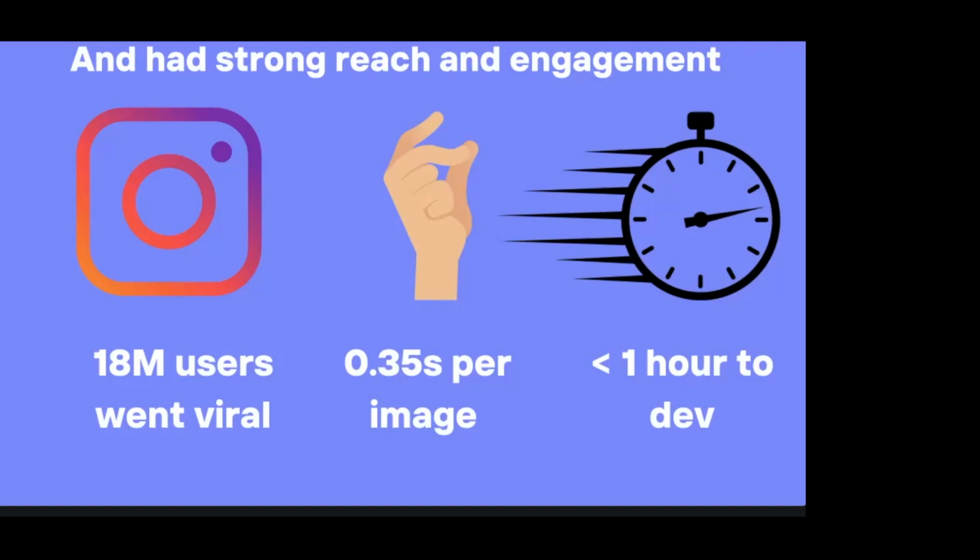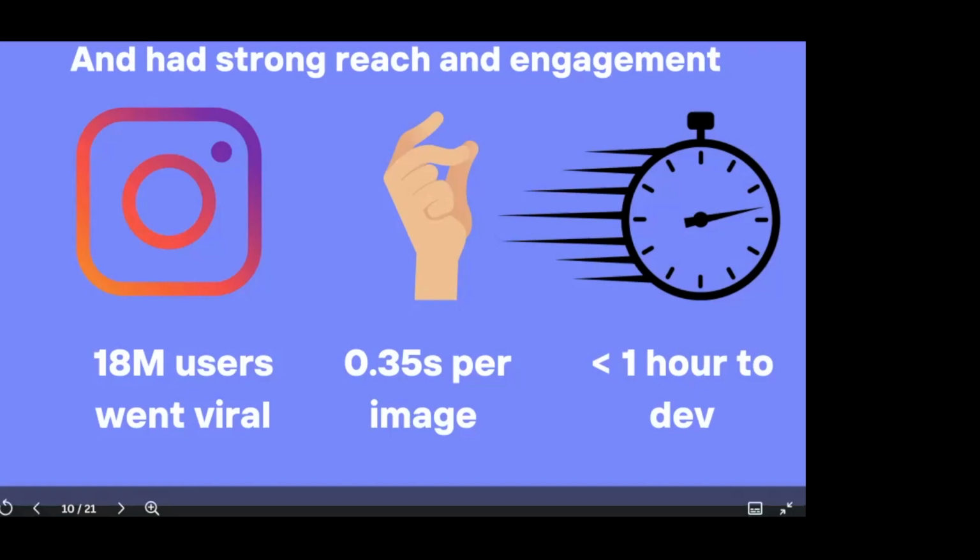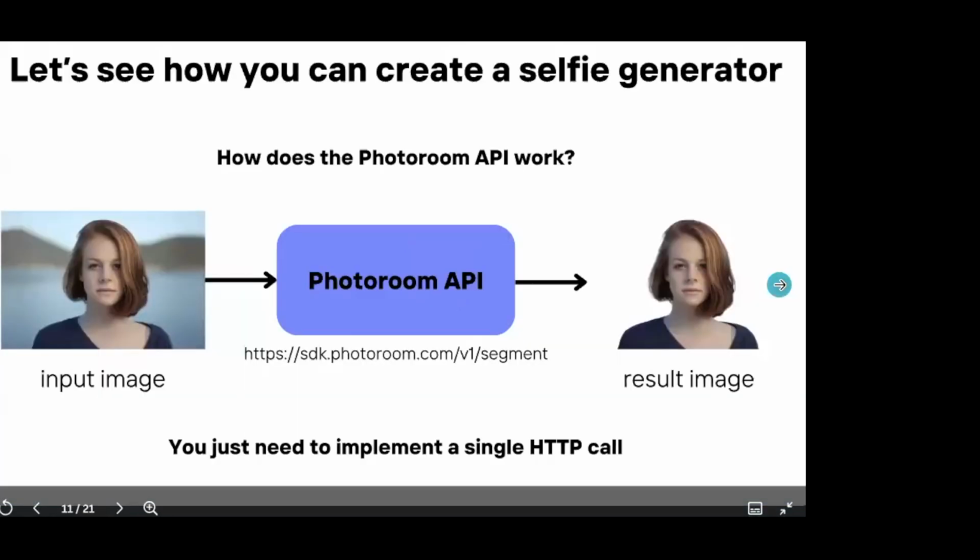And looking at the level of effort that it required for them to create the Barbie selfie generator, it took their developers less than an hour to do so. And now I'm going to pass it on to Vincent so he can share more technical details of how you can create a selfie generator.